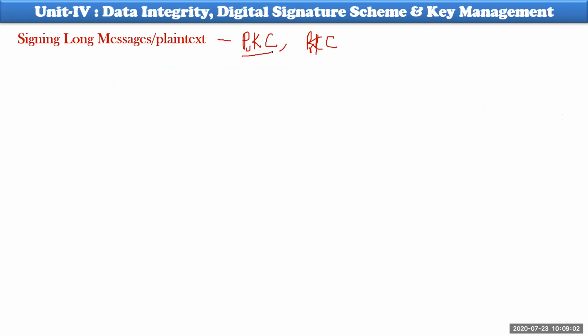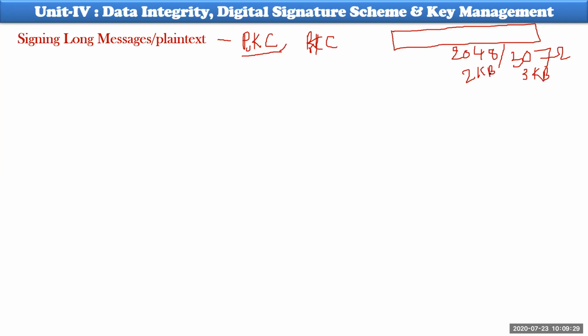Public key cryptography takes huge blocks. The block size is approximately 2048 bits, and sometimes 3072 bits, whether it is 2 kilobytes or 3 kilobytes, something like this. Up to this size it is taken into consideration.